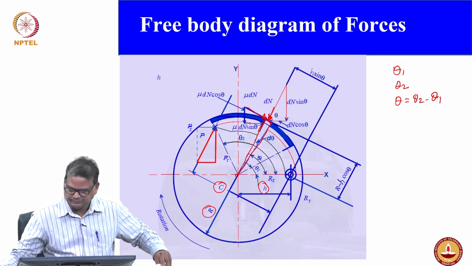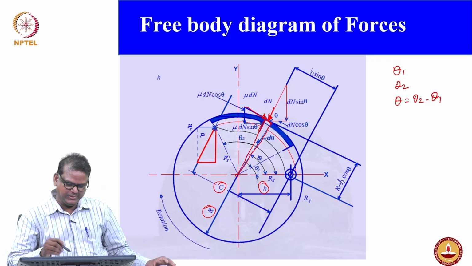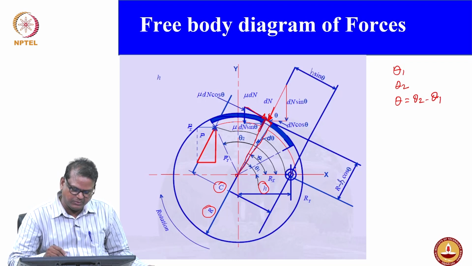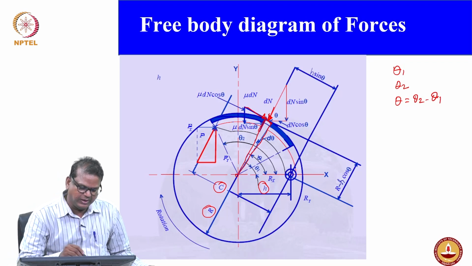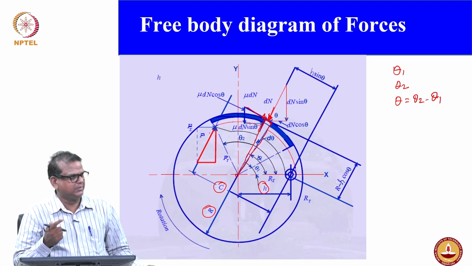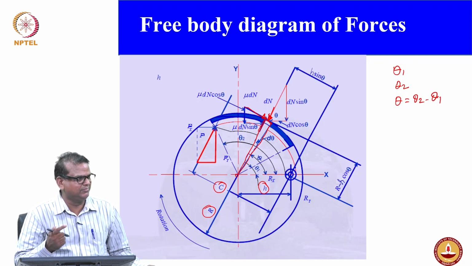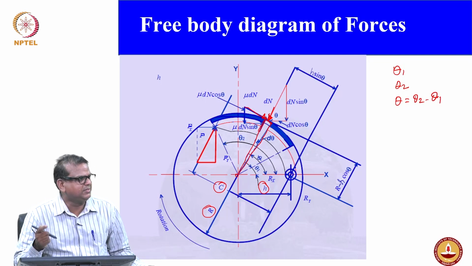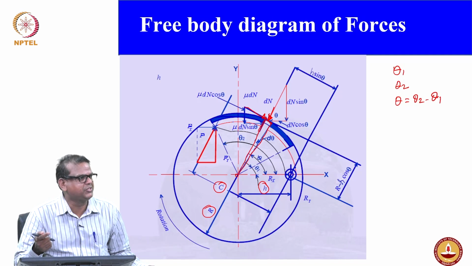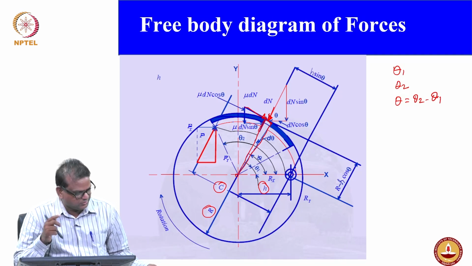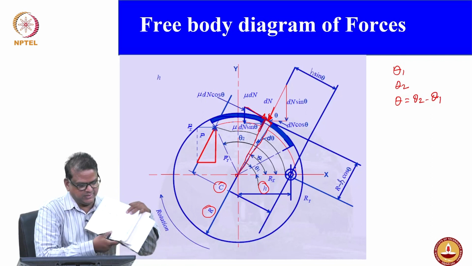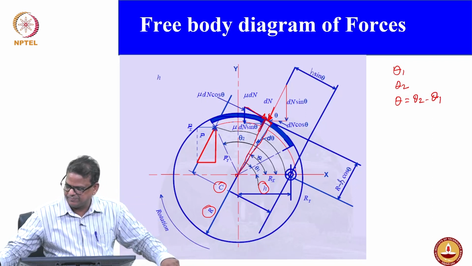Always we take the moment with respect to the pivot. One is the moment of the normal force, and the other is the frictional moment, which is responsible for the frictional torque.